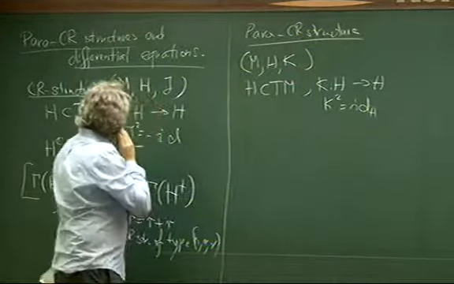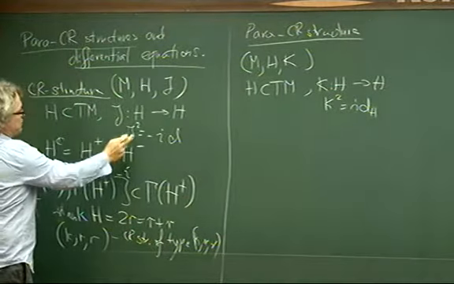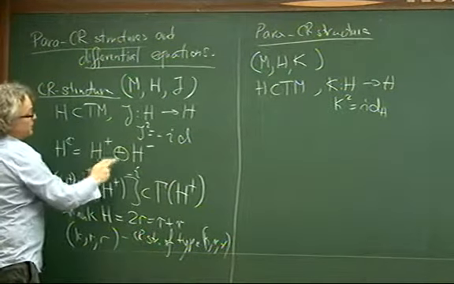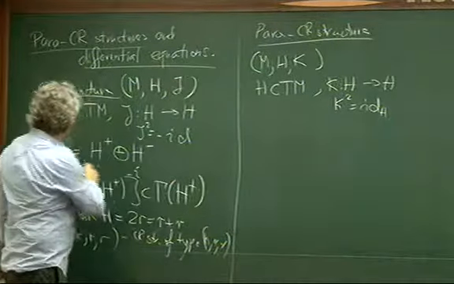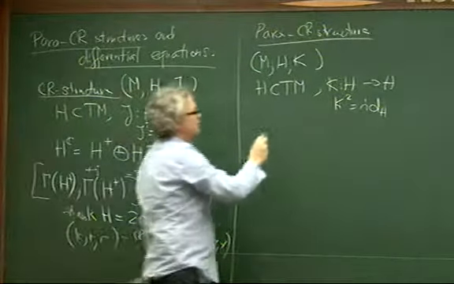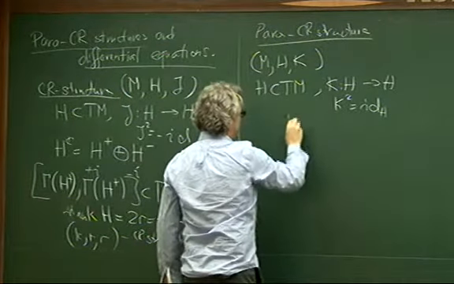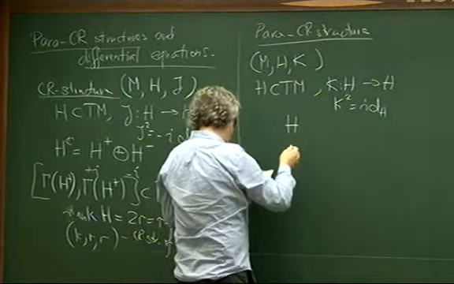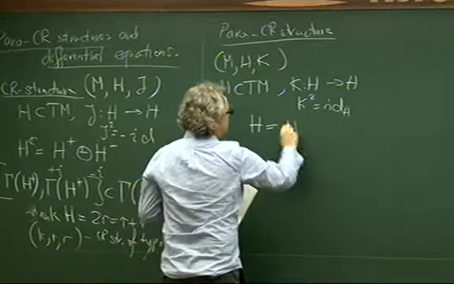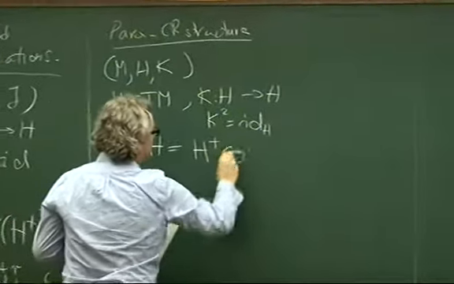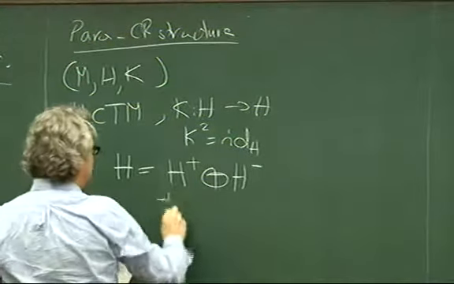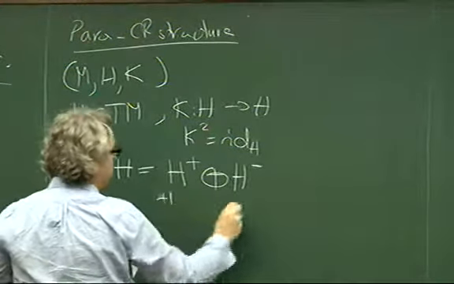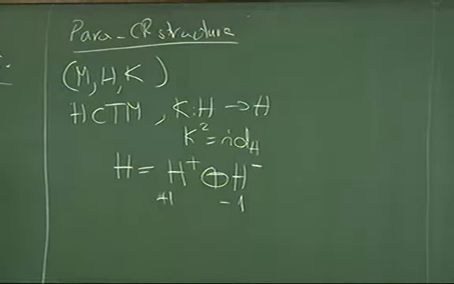So now there is the first difference. Here, if we look for the eigenspaces of this K, we have to go to the complexification. Here we don't need to go to complexification. So now H splits onto H plus and H minus, which are plus 1 and minus 1 eigenspaces for K.